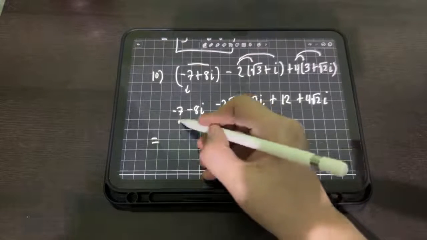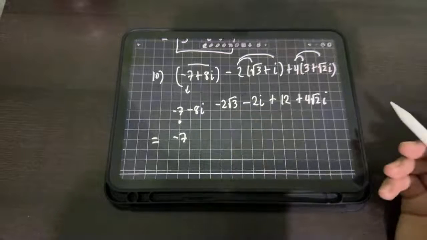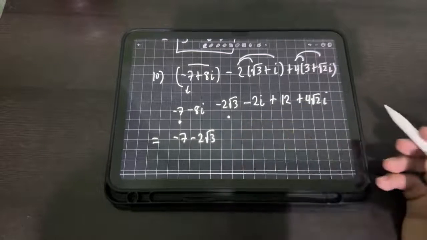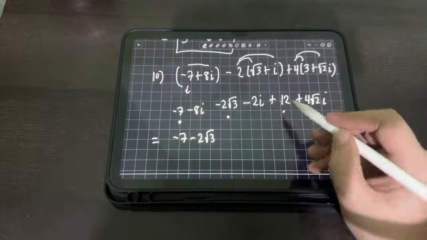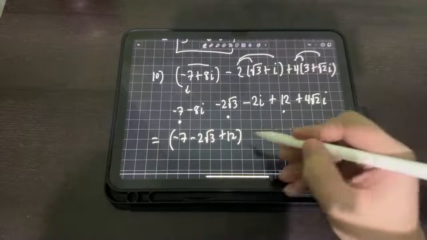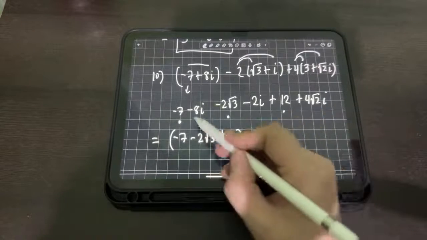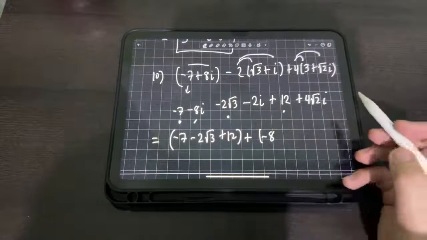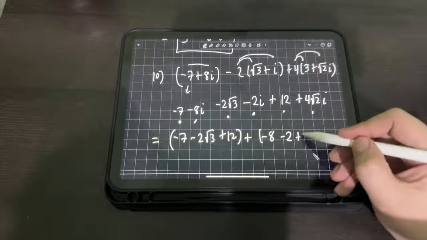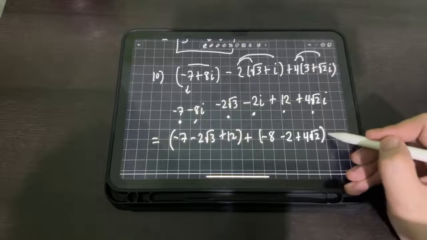For the real parts, we have negative 7, negative 2 square root of 3, and then positive 12. Okay. For the imaginary part, we have negative 8i, negative 2i, and then plus 4 square root of 2 i.